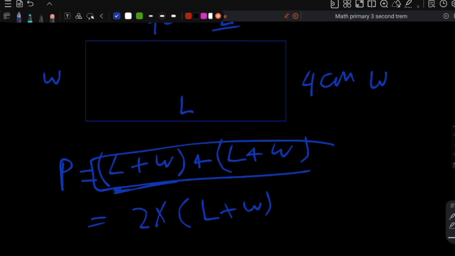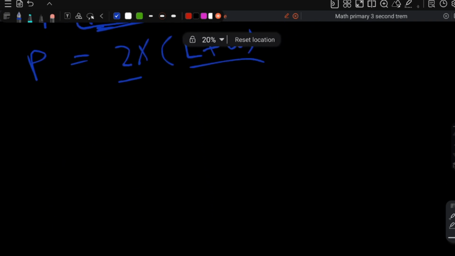So the perimeter is equal to the result of adding length plus width, times 2. This rule is made specifically for my rectangle.